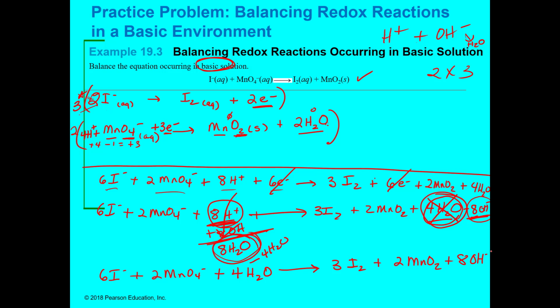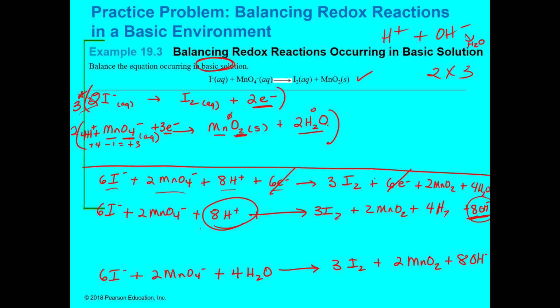But in reality, I'm going to erase this just a little bit so I can see what I'm doing. All right. When I was adding these OHs over here, what I did was, okay, I took my 4 H2Os from this side and moved them over here, and I took my 8 H pluses and I moved them over there and made OHs.